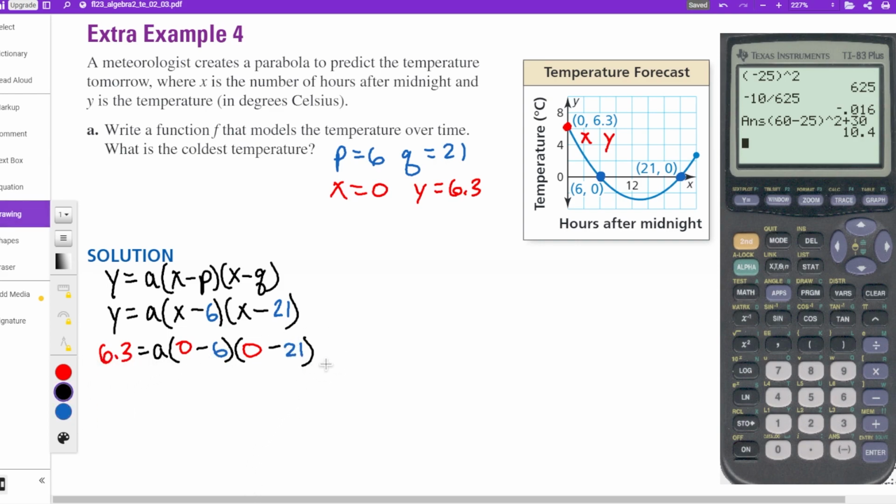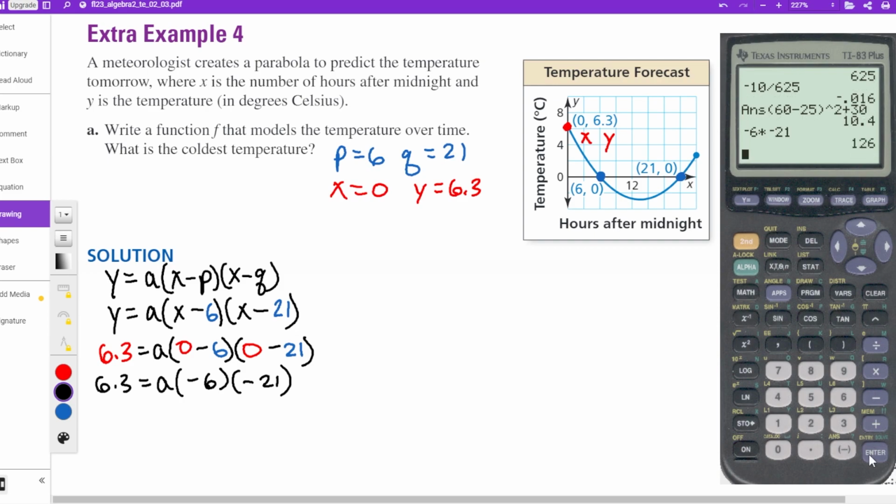And now we have one equation and one variable, so we can solve for a. On the left is 6.3 equals, on the right we have a times, that's negative 6 times negative 21. We can simplify negative 6 times negative 21, and that is positive 126. So that's 6.3 equals 126 times a. To solve for a, divide both sides by 126.